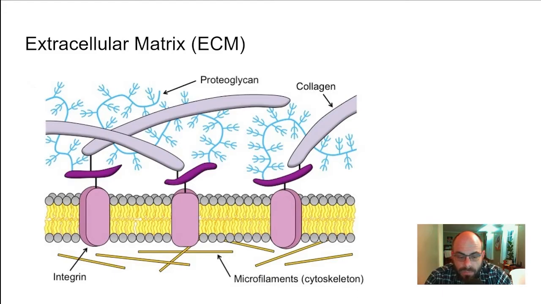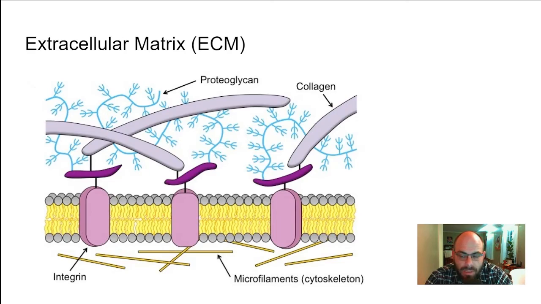So what does it do? It gives structural support for the outside of the cell. It also allows the cell to connect with the surrounding tissues, allows the cell to move through its environment, allows the cell to signal other cells, and also allows the cell to signal inside of itself.